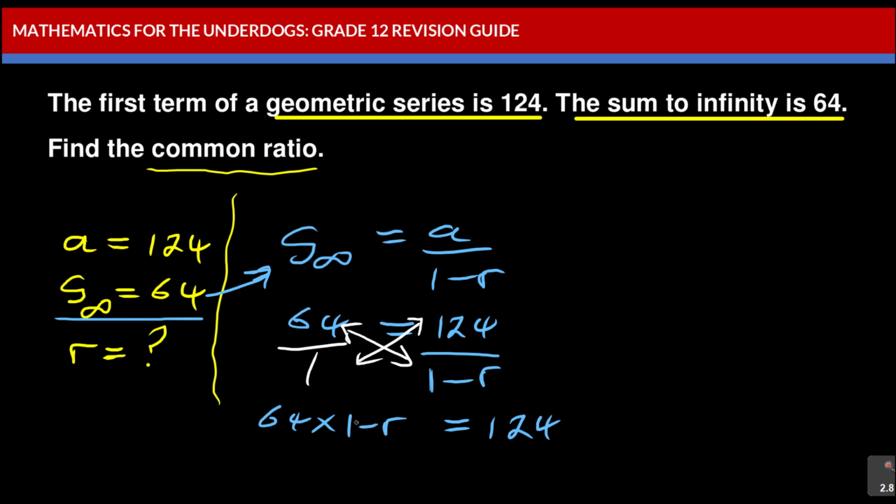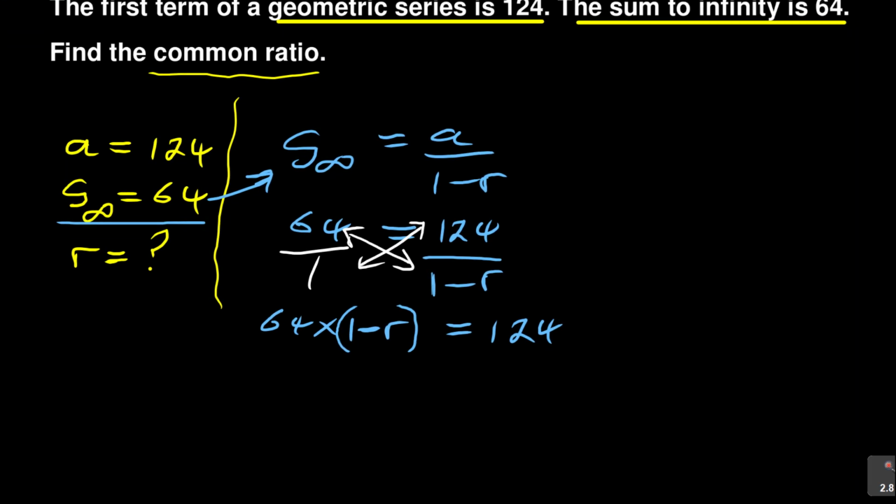If you just do it like that, you're going to get it wrong. Whenever you've got 1 minus r, 2 items, you have to protect that with a bracket, so that when you open it, 64 will affect that, and 64 will affect that. That is another way of doing it. Or instead of opening the bracket, you are allowed to divide instead by 64.